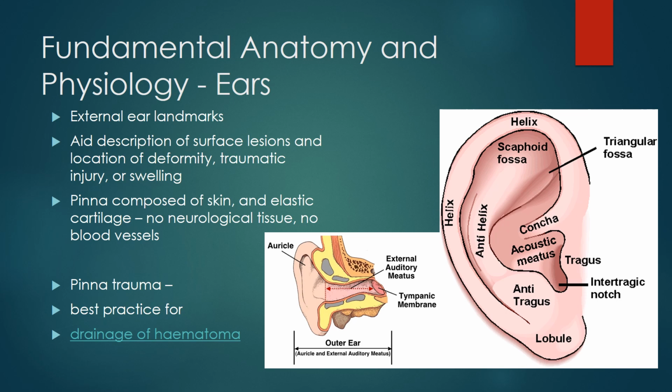For example, in contact sports such as rugby or boxing or wrestling, where people will not only have direct blunt trauma to the ear, but due to frequent rubbing of the skin around the pinna, this causes a sort of shearing effect between the skin and the cartilage, which means that we get leaking of serous fluid and blood between the skin and the pinna, which then builds up to become either a hematoma, or over time it develops what we refer to as cauliflower ear, basically.